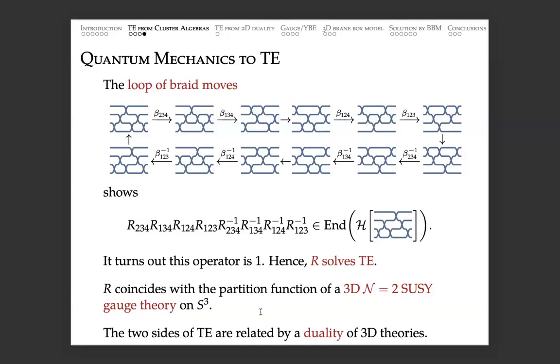So this is what we found: we have constructed a solution R of the tetrahedron equation, and that turns out to be the partition function of a three-dimensional gauge theory.